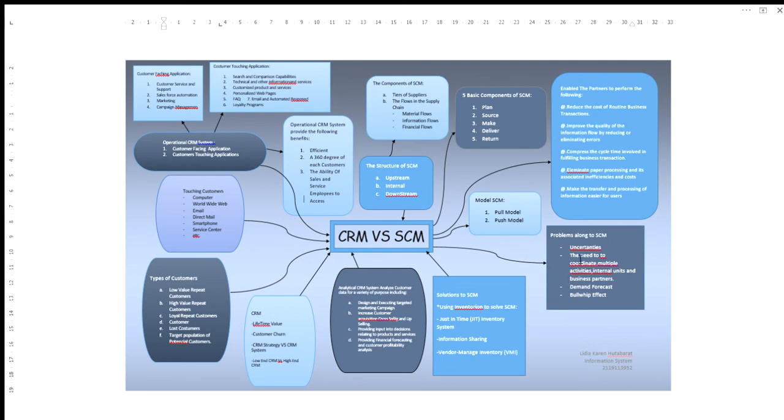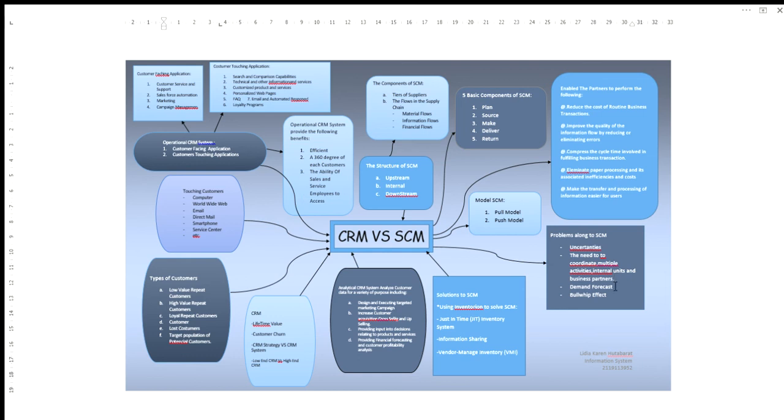The problems that come along with SCM include uncertainty, such as a sudden cancellation of orders from customers. The need to coordinate multiple activities, internal units, and business partners, like sometimes there are business coordination problems within the company.